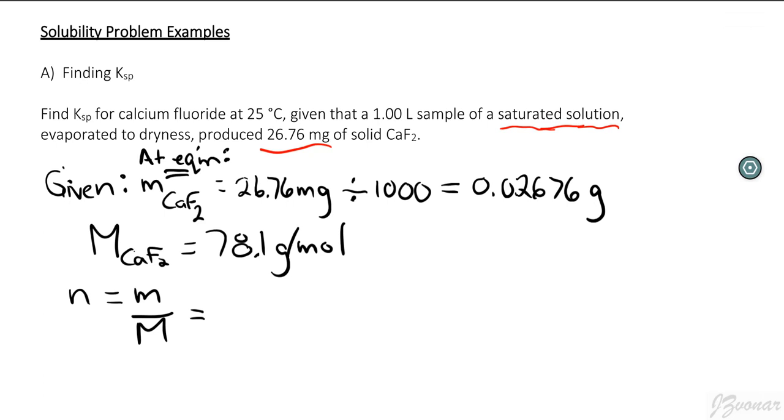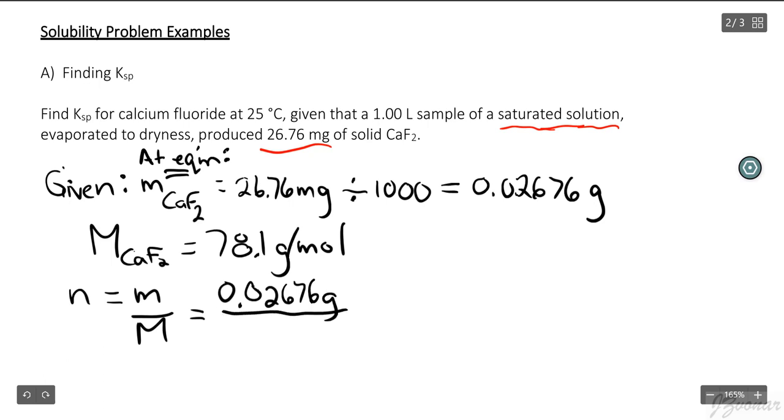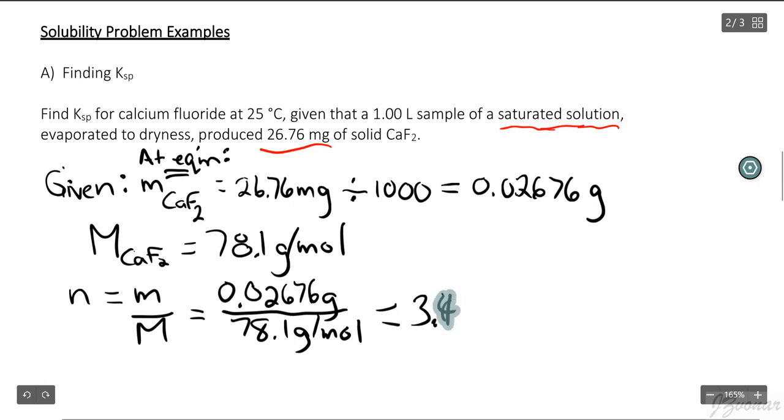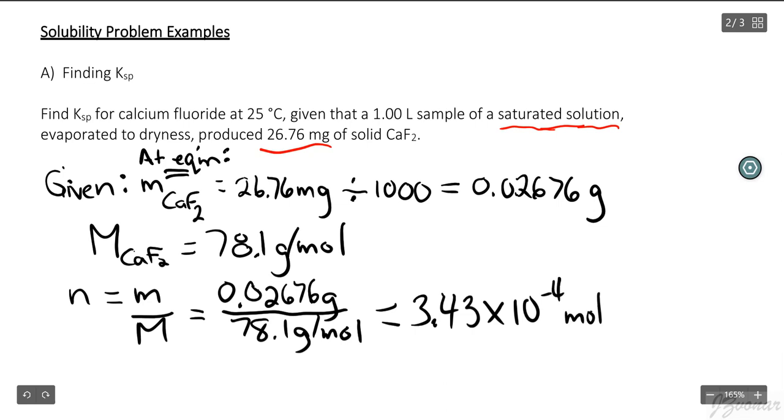And so we've got our mass in grams. We just found our molar mass. And this is now going to give me my moles, 3.43 times 10 to the negative 4 moles of calcium fluoride at equilibrium.